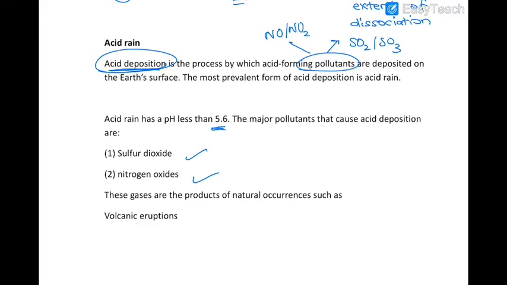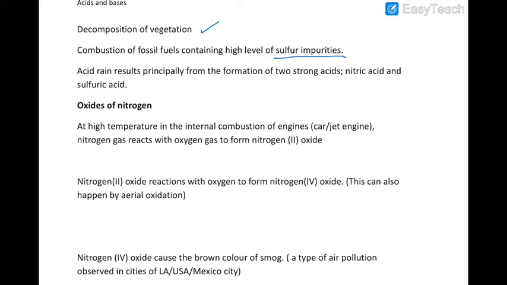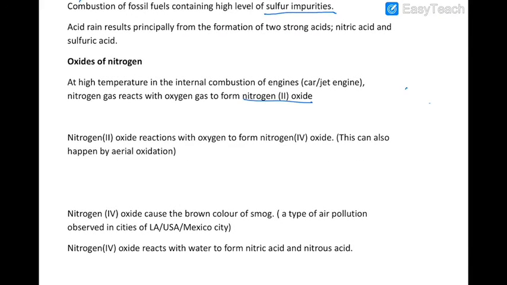You have natural processes that produce these pollutants, like volcanic eruptions and decomposition of vegetation, but you also have man-made causes of this pollution, for example, burning of fossil fuels and combustion that takes place in engines.